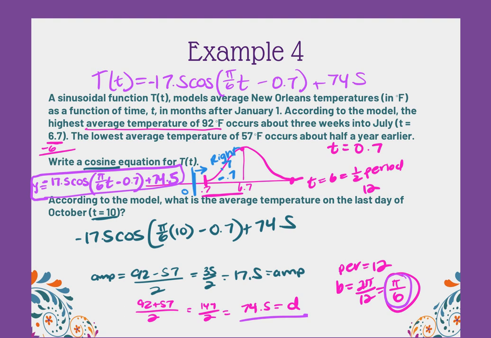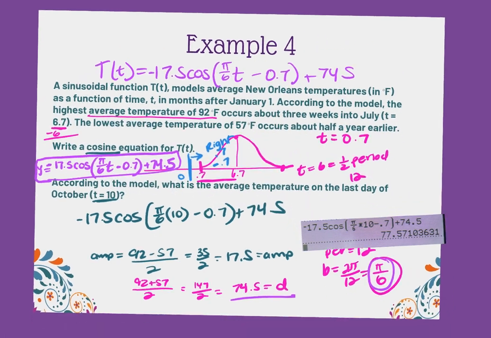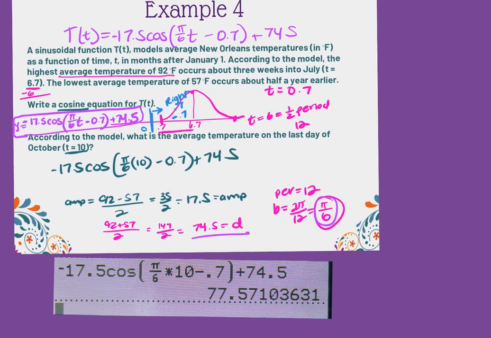So my calculator actually looks like this. And from here I get my value, 77.571 degrees Fahrenheit.